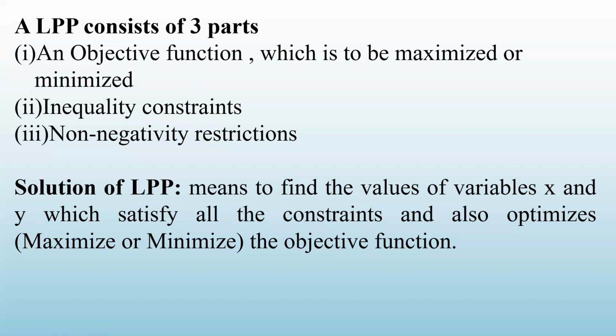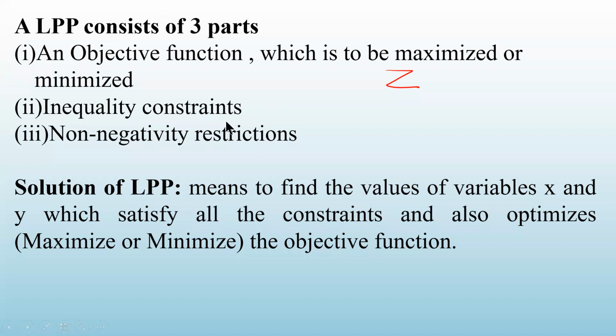So Z, the objective function, could be a profit function or a cost function, and accordingly the question will be for maximization or for minimization. There is a common name used for both, which is called optimization. Therefore these problems are also called optimization problems. This is the first part.